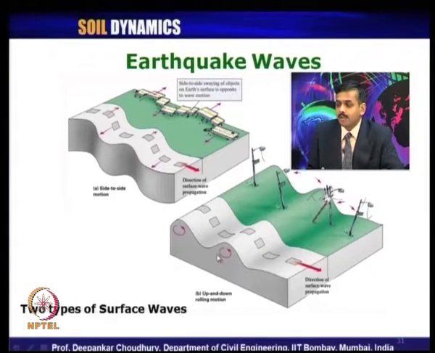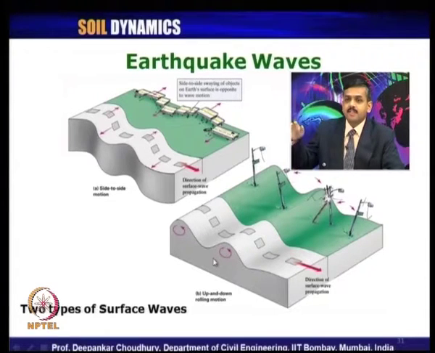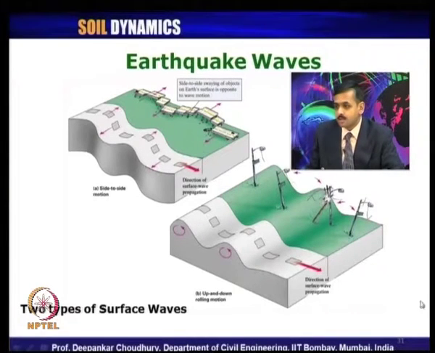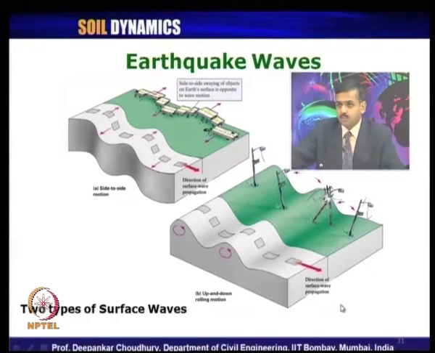It will give you a feeling as if you are traveling in a sea in a boat. As the waves come, that kind of rolling motion is experienced, and any structure constructed on the ground surface can roll and also upside down things can occur. So, this is the nature of destruction caused by the two types of surface waves.